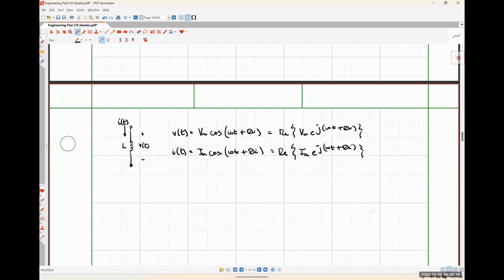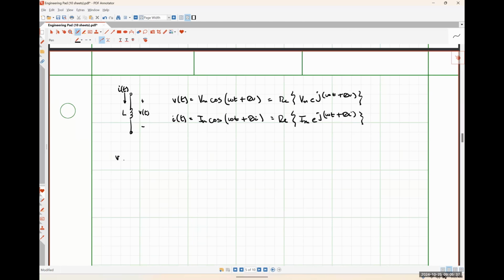So what's the relationship between current and voltage in an inductor? We're going to use the derivative-based relationship because it makes the math much easier. And also, I hate integrals. What's the relationship? We used it earlier today. V is L di by dt. Absolutely right.